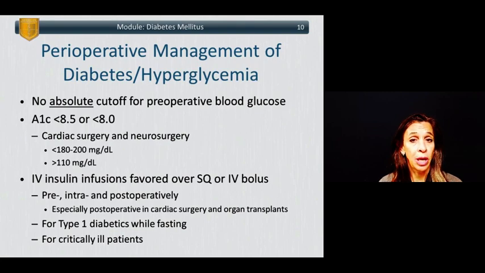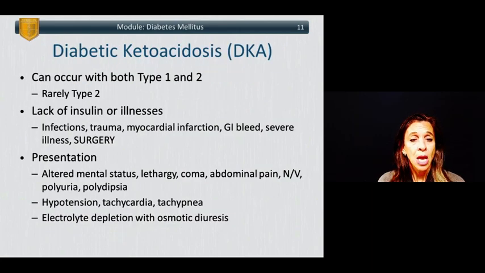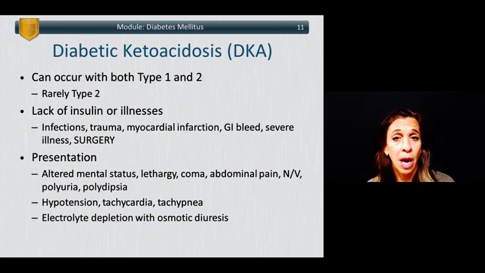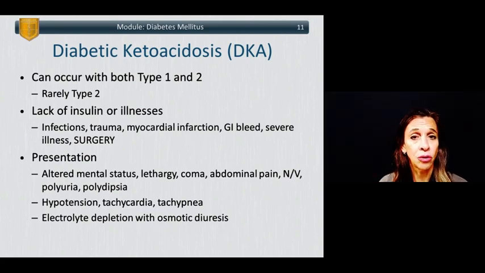It's also important in patients who have type 1 diabetes while they are fasting, and for any critically ill patient where the fluctuation in glucoses can be rapid and dramatic. Any patient who has a diabetic ketoacidosis is typically not a good candidate for anything other than truly emergency surgery.